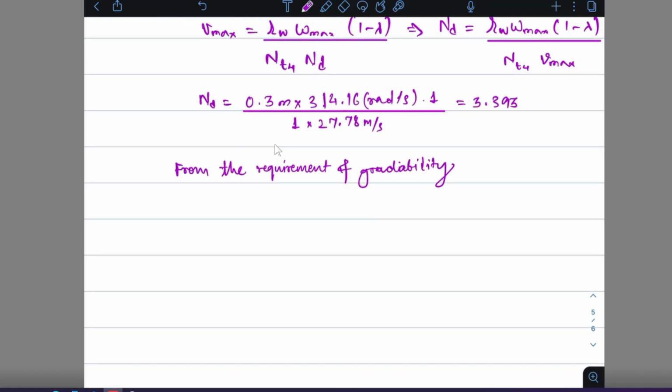Right, from gradability we have to pick it up from standstill, which we will be doing in first gear, right? So sin theta max is Fr into radius.